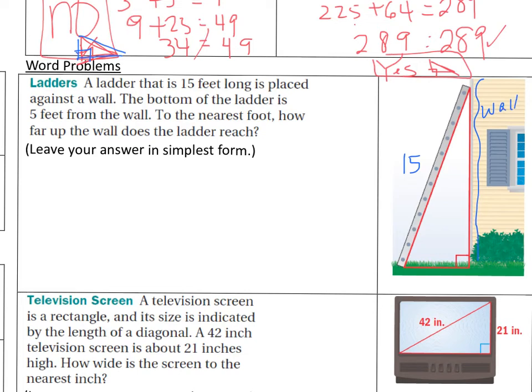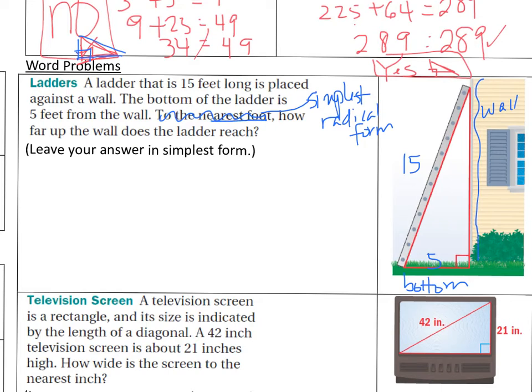So this is the bottom. It's 5 feet from the wall. To the nearest foot, well, we're going to ignore this for now. We'll just leave our answer in simplest radical or square root form.